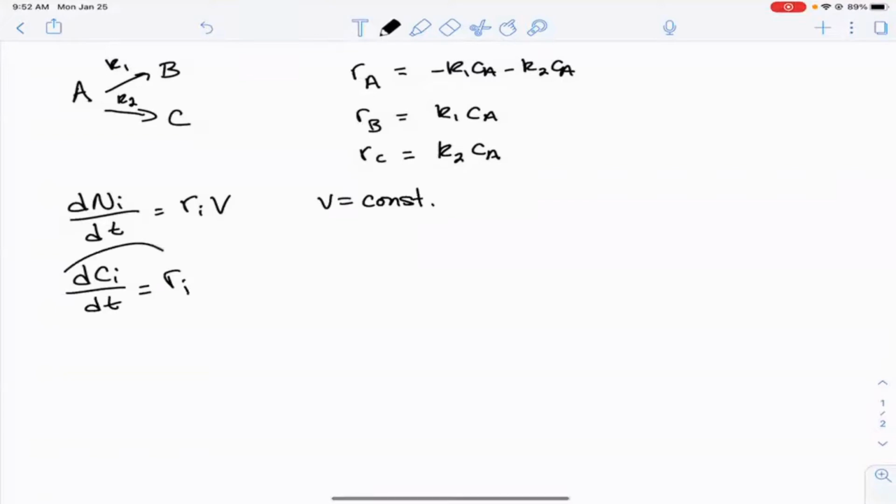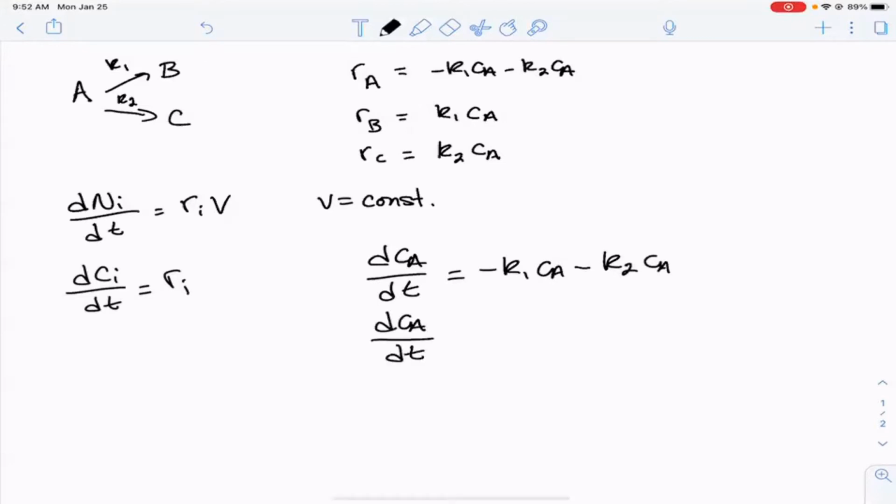equations, right? So this is really 3 equations. And we know that dCA/dt is equal to RA, which is equal to minus K1 times CA minus K2 times CA. And if we want to, we can collect those and say that dCA/dt is equal to minus (K1 plus K2) times CA.